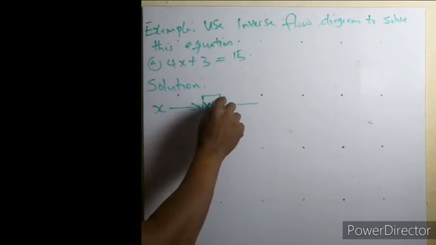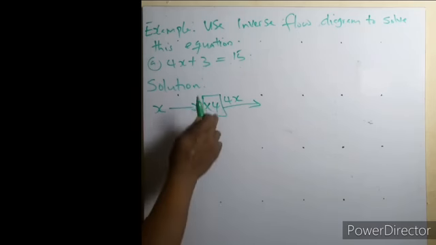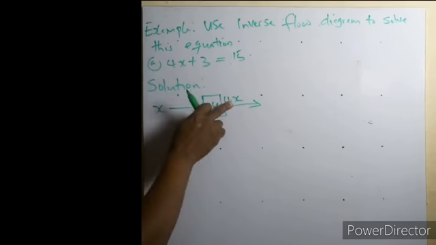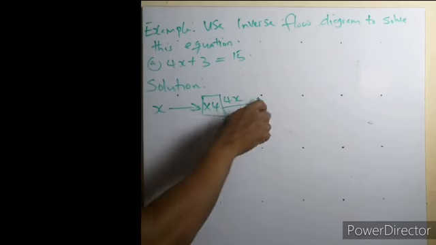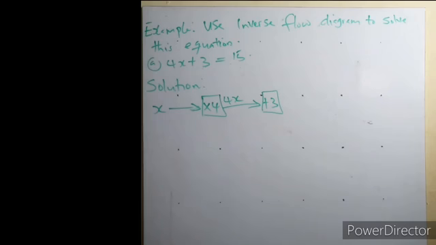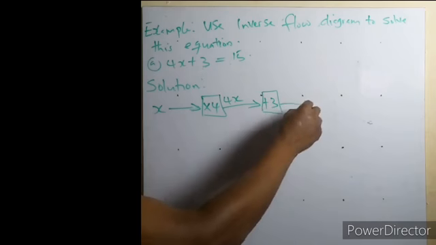That will be 4x. And I put another arrow. After I have 4x, I've multiplied 4 with this x. What did I do next? The 3 was added, so plus 3. Then I put my arrow and go somewhere.